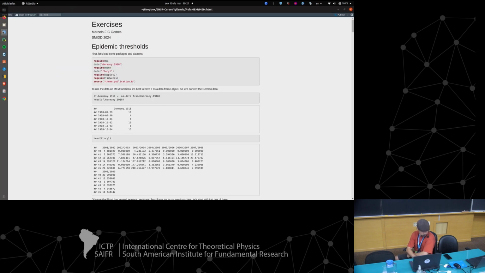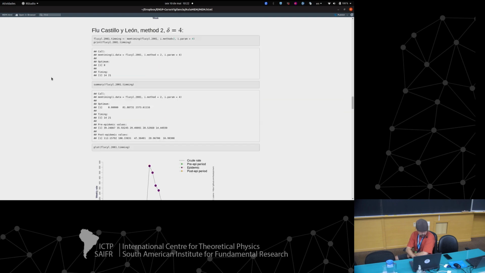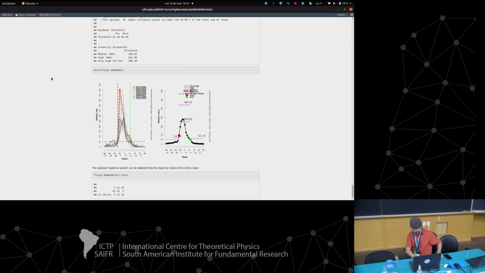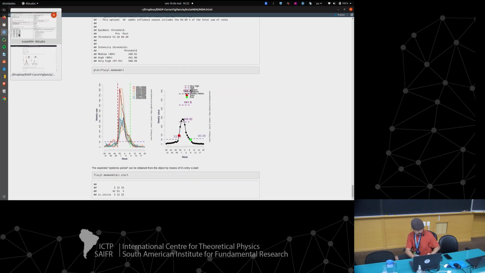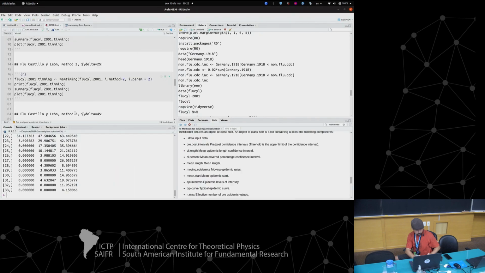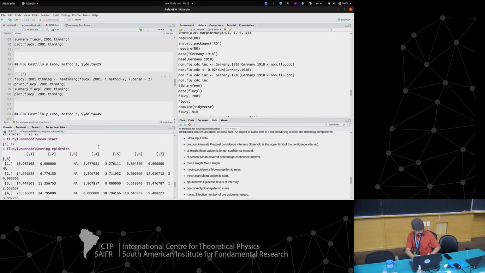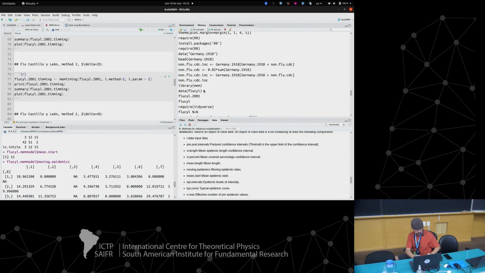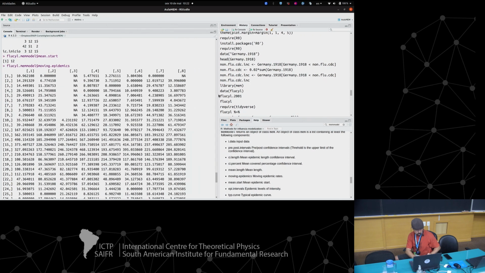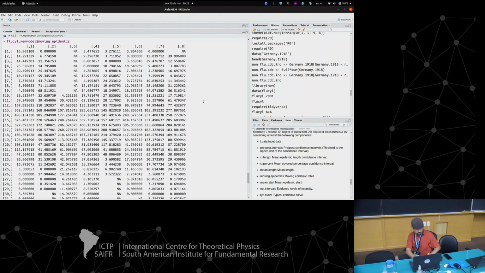Now, so this is it. Let me go back to, so when you look, one of the objects that it provides you within the output of the Flu-Silman model is what it calls the moving epidemics, which is exactly the original seasons already shifted.